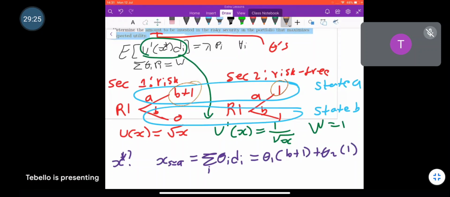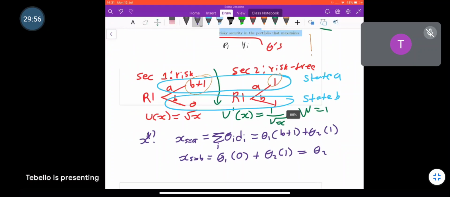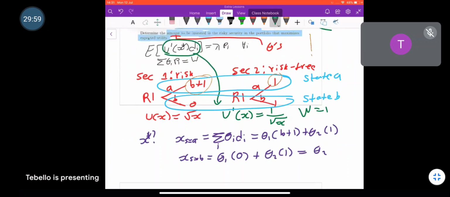If state B happens, the same thing applies. If you have bought theta 1 security, the payout is going to be 0. And if you have bought theta 2, the payout is this, which can be simplified into just theta 2, right? So now you can start solving these 2 equations to find your thetas.